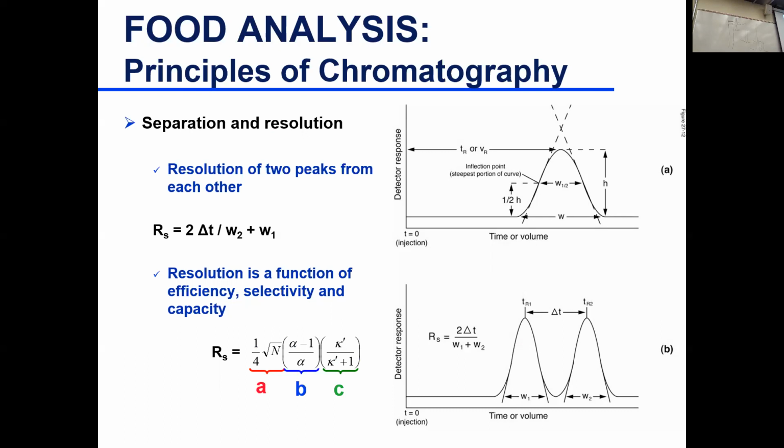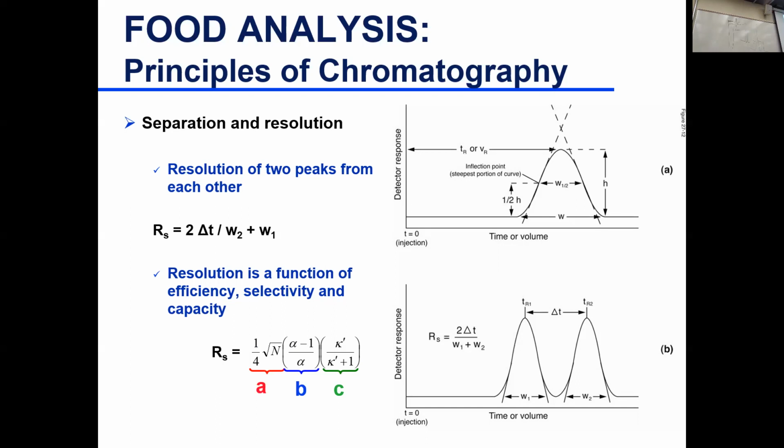You take into account the width of peak 1 and the width of peak 2. So the wider the peak is, the poorer the resolution is going to be. Whatever parameters you have, the wider the resultant peak, the lower your resolution.